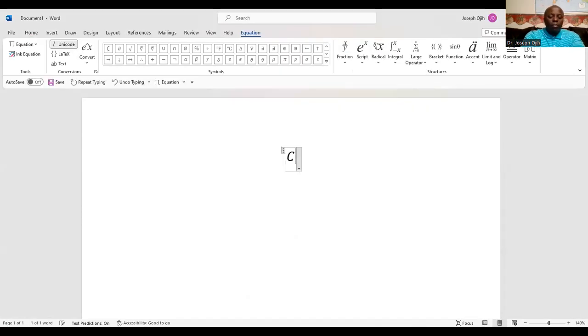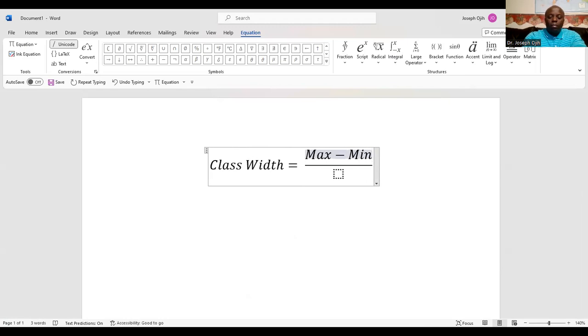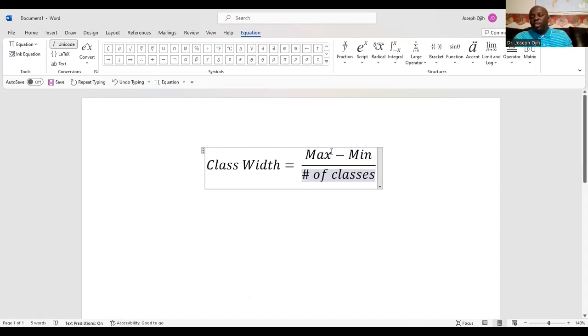Class width equals maximum minus minimum, divided by number of classes. Well, it depends on the instruction they gave you.